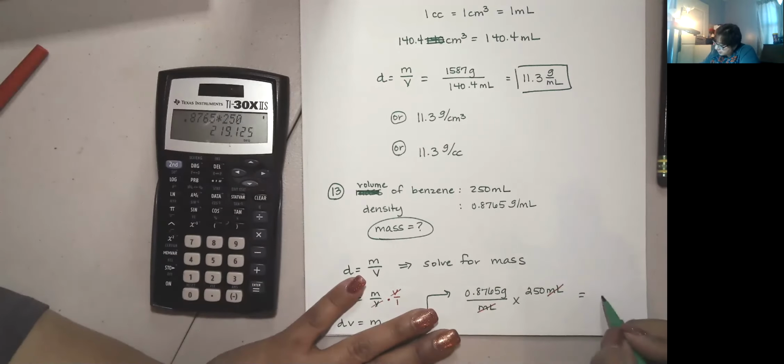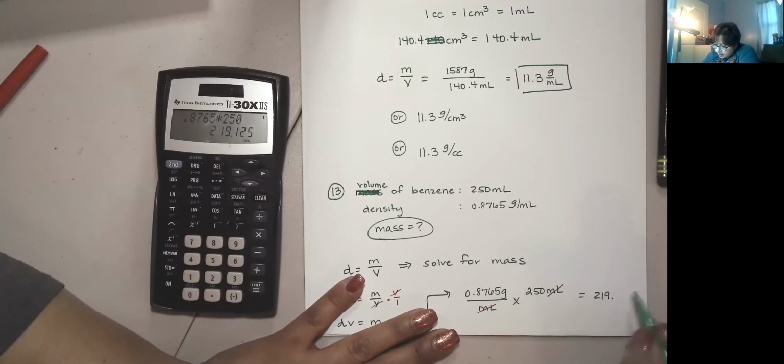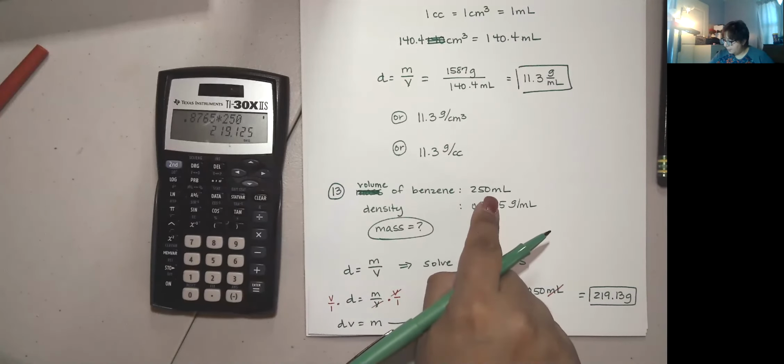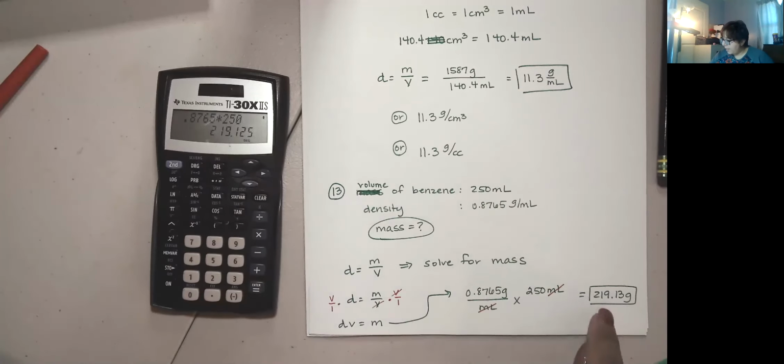Looks like it's going to weigh 219.1, I'm going to round that to 3 grams. So a 250 mil sample of benzene will have a mass of 219 grams.